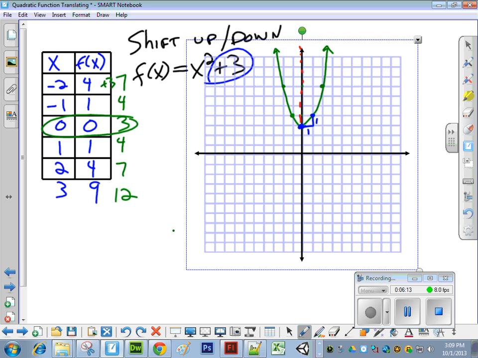This next point will be to the right 2 and up 4. And if I had room, I could have done 3 and 9 from that vertex point. Now the vertex of this function is 0 for x and 3.